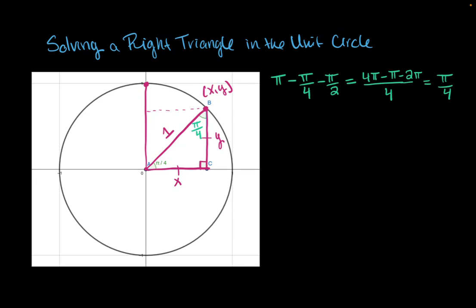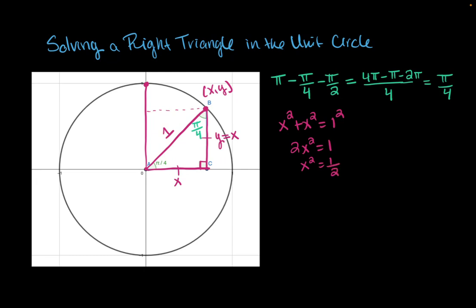So let's see if we can figure this out. Since we know that x and y are equal to each other because it's isosceles, we can use the Pythagorean theorem: side squared plus side squared is equal to the hypotenuse squared. If we simplify this, we have 2x squared is equal to 1. If I divide both sides by 2, I get a half.